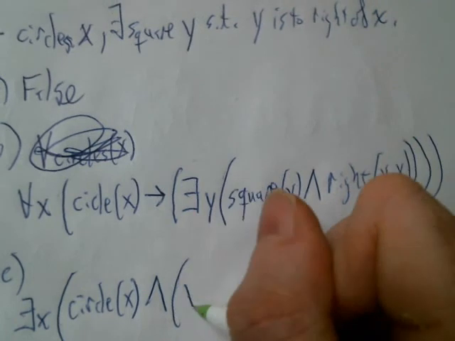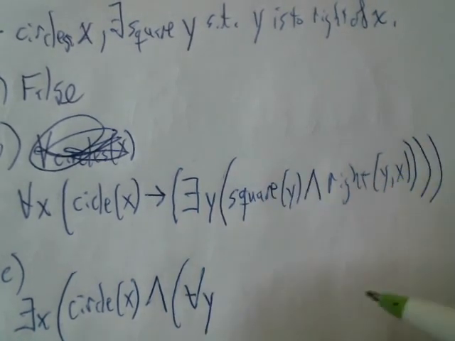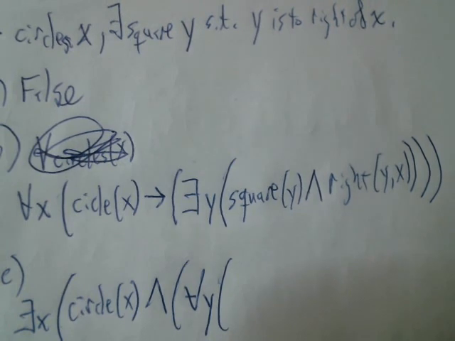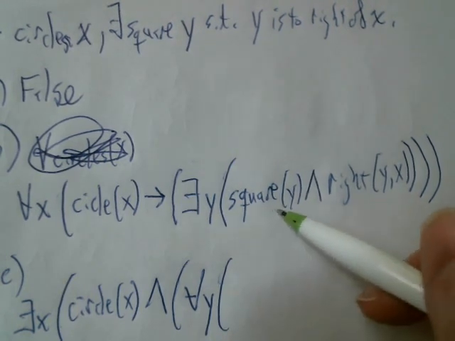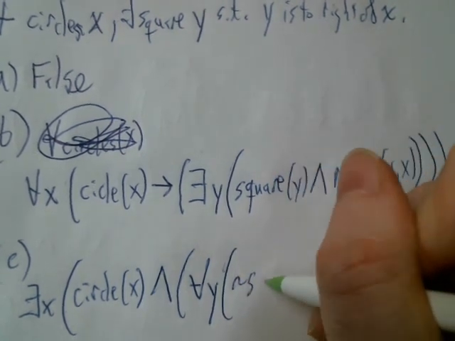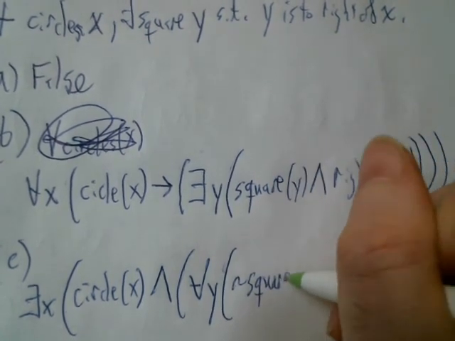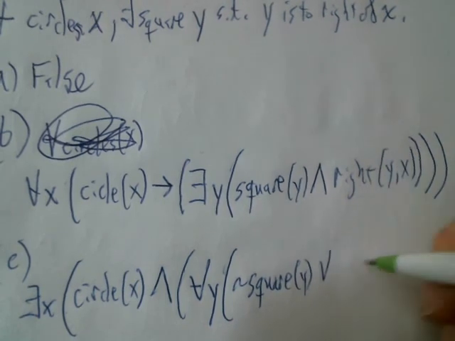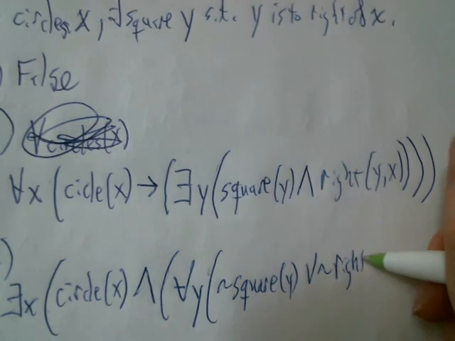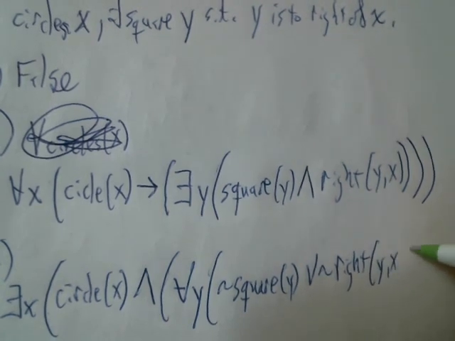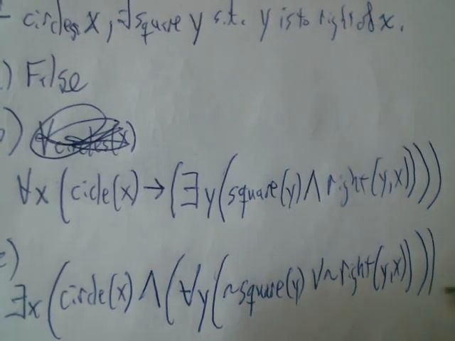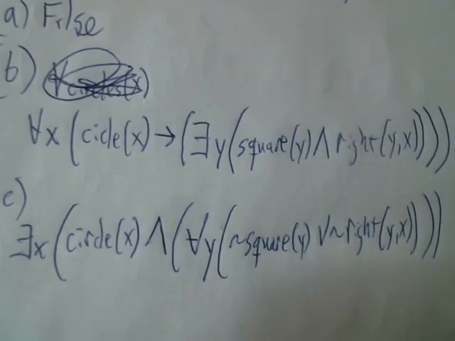So that will become a universal, for all objects y. And then you do De Morgan's on it. So this will be, there's not a square y, or it's not to the right. Okay. And that's pretty much the spiel.